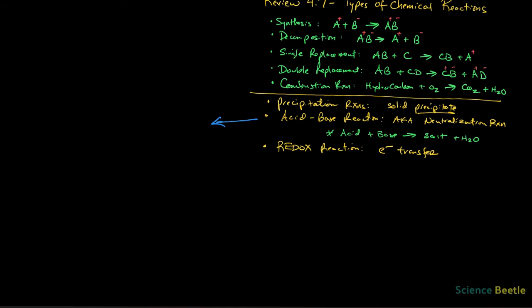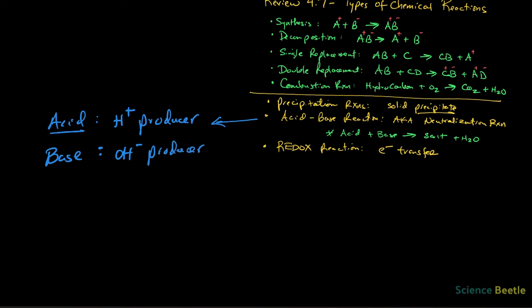And remember, there were several of them, but generally when we talk about acid, an acid was generally identified as a proton or a hydrogen plus producer. And then what we know as a base was known as a hydroxide ion producer. This is the contemporary view of an acid and a base.